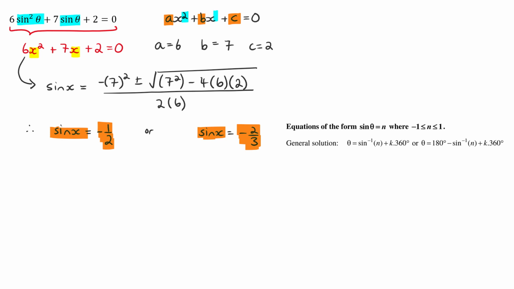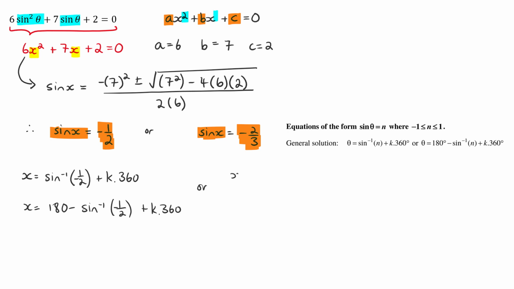The general solution for sine is that the angle is equal to the inverse sine of negative a half plus k times 360, or x is equal to 180 minus that inverse sine of negative a half there, plus k times 360, or x is equal to the inverse sine of negative 2 over 3 plus k times 360, or x is equal to 180 minus that inverse sine of negative 2 over 3 plus k times 360.